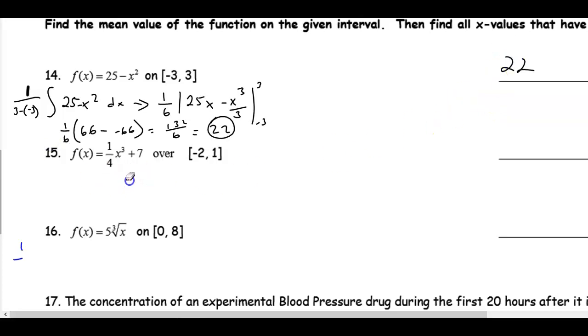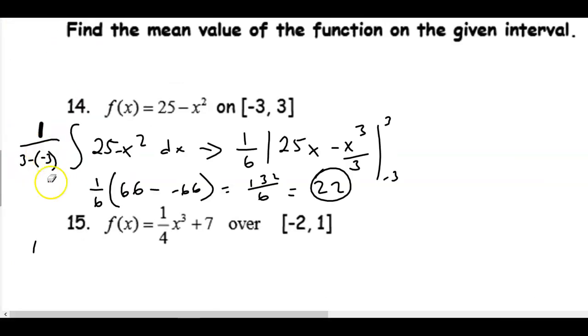For this one, same thing, 1 over b minus a. Let me zoom back in so I have more space to write. 1 over b minus a. So 1 over 1 minus a negative 2. For 1/4 x cubed plus 7 dx.